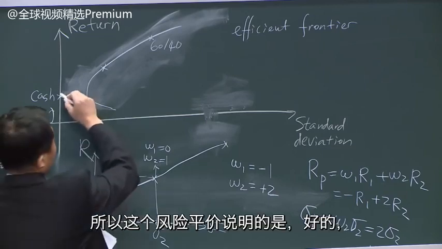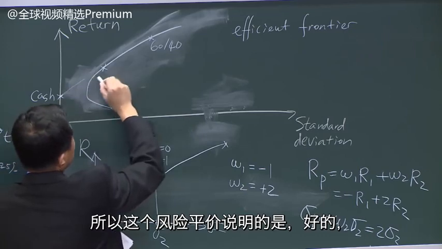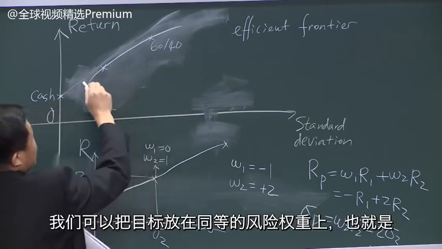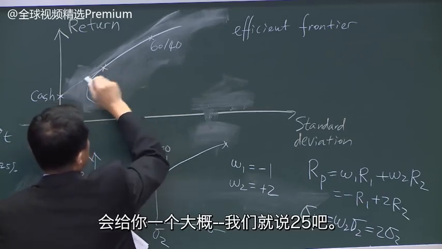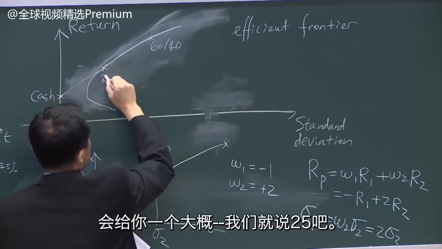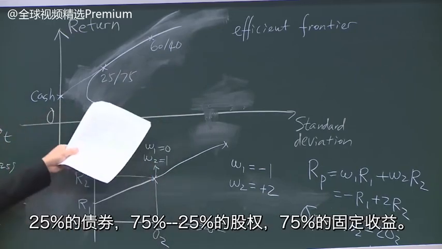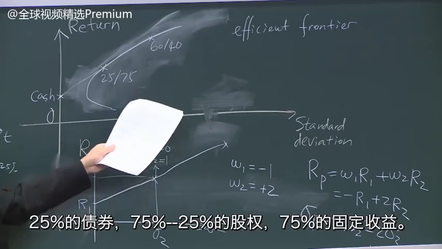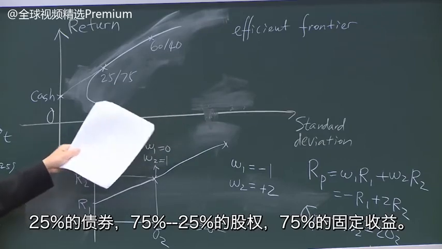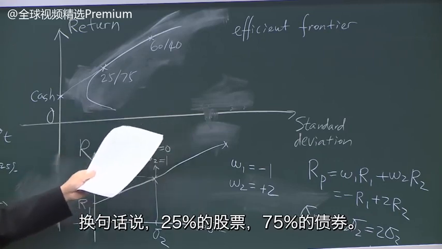So what this risk parity says is, okay, we can target an equal risk weighting, which will give you somewhere around, let's call it, 25% equity, 75% fixed income. In other words, 25% of stocks, 75% of bonds.